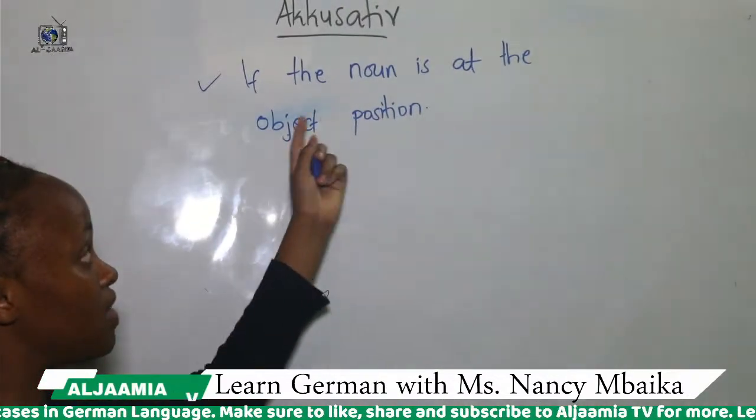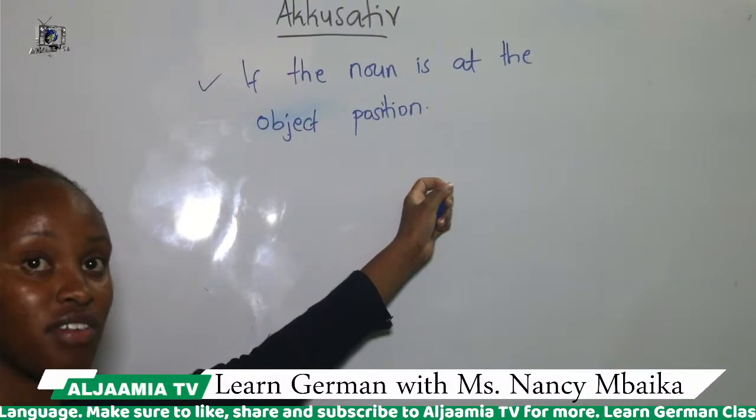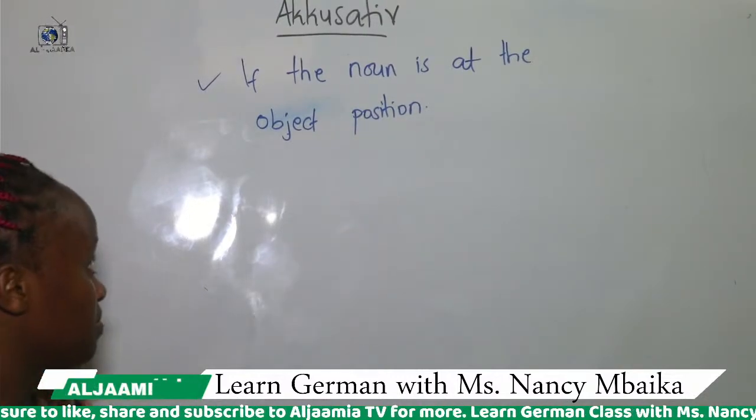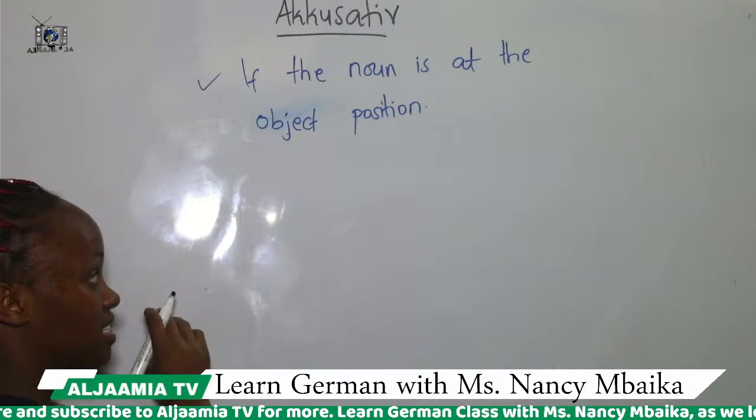So if the noun is going to be at the object position, then we're going to use the accusative case. Let me give you an example of an English sentence.